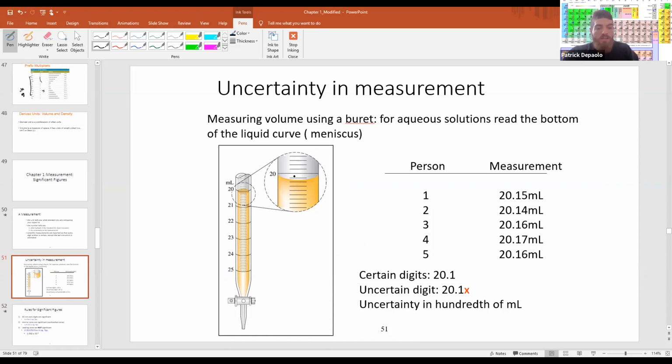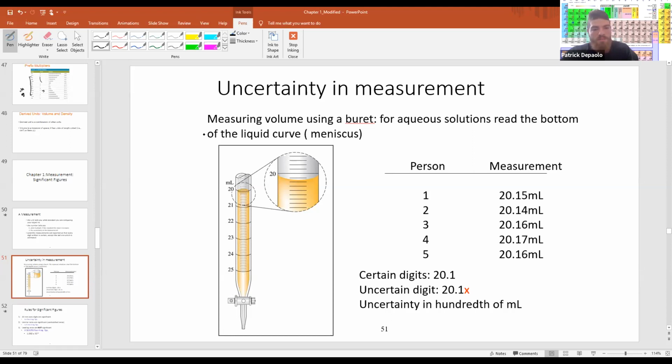So if I were to measure this, I would say it's 20, definitely 20. Since burettes are read opposite, in terms of the volume removed from it, it would be 20.